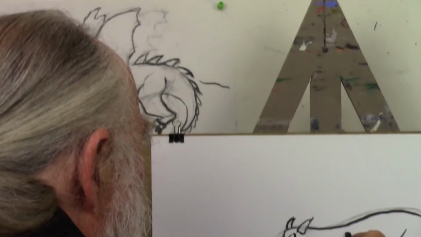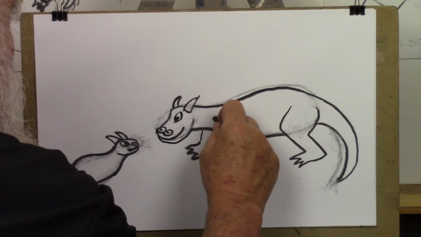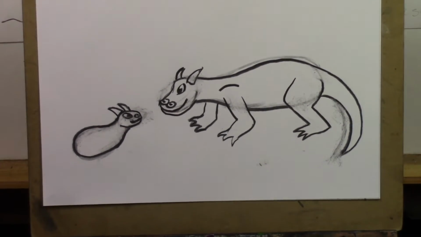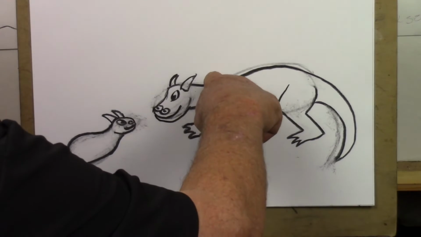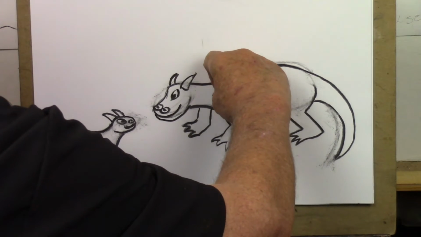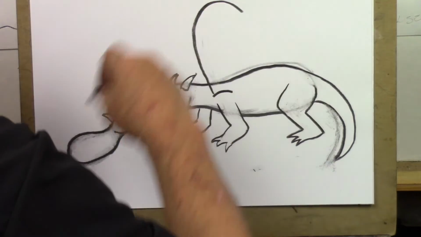Okay, so here, above this arm, will be the shoulder blade. That's where we attach the wing. And now we're going to go up, up, up, up, and back. Let it lean forward a little bit, and back.